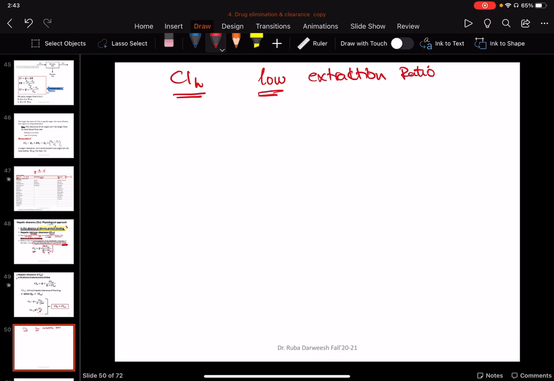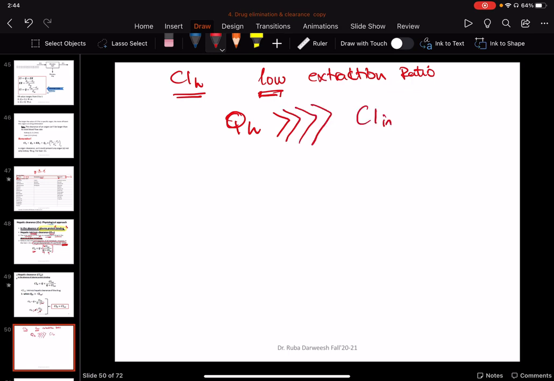Okay, if we are talking about a low extraction ratio drug, it means that the flow of the hepatic organ, the liver, would be larger than the intrinsic clearance of the hepatic, right?